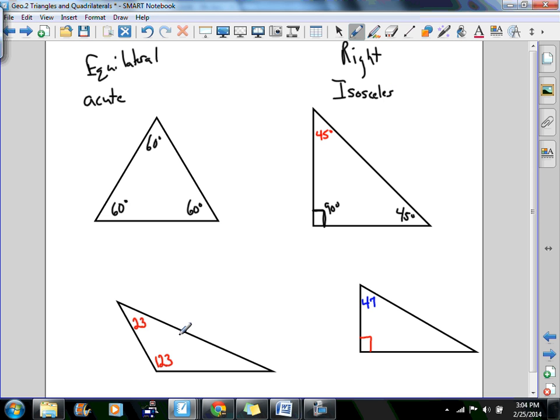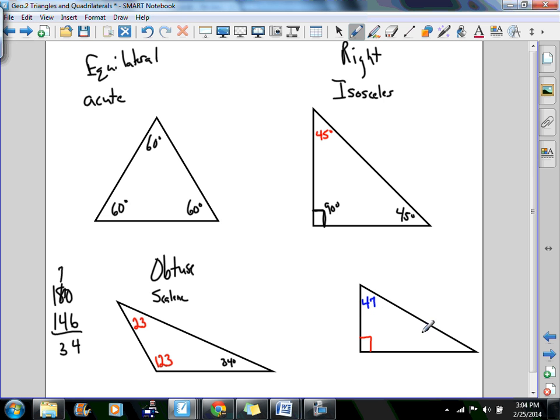Now, number 3 down here, we have 123 and 23 is going to be 146. So I have to go 180 minus 146. So I got to borrow. So 34 degrees here. So this is obtuse, because 123 is bigger, and none of the angles are equal to each other, so it is scalene.